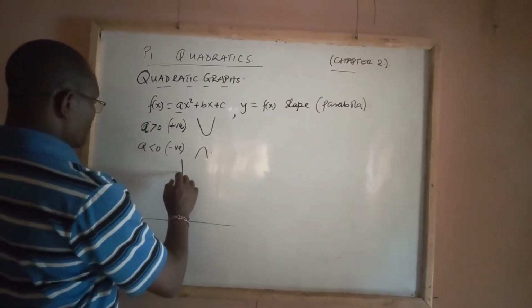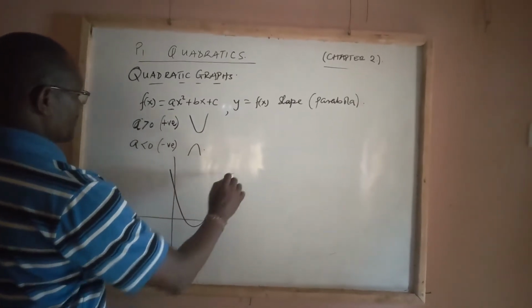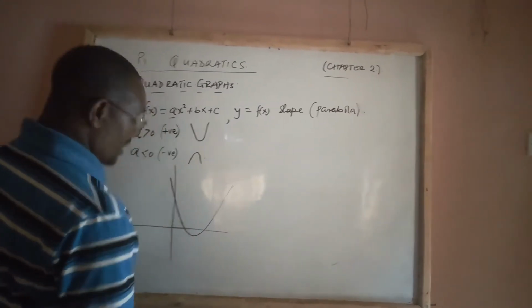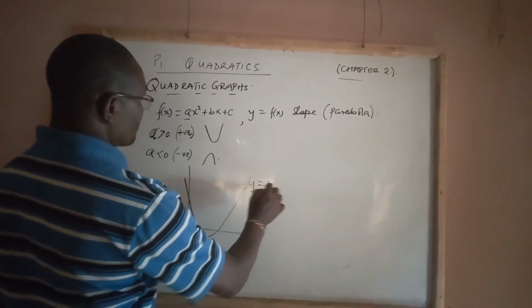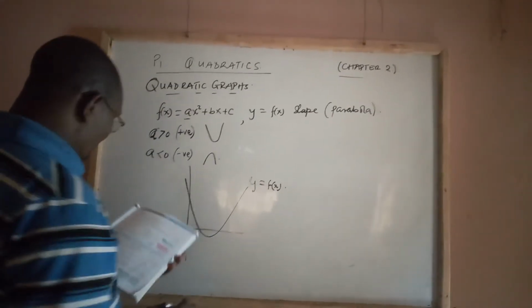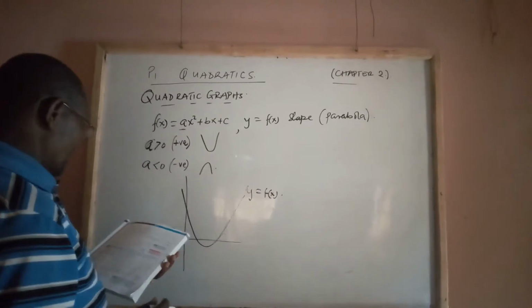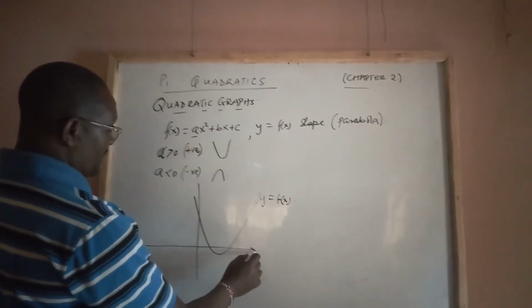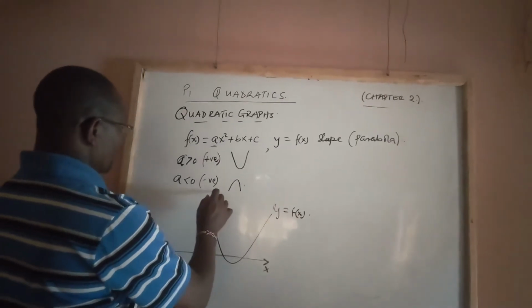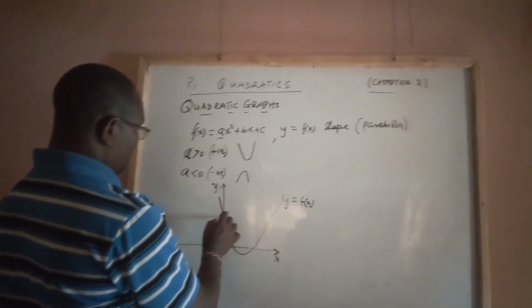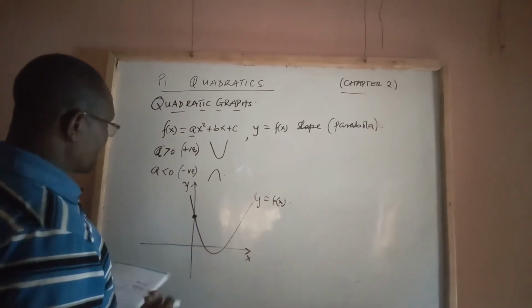Now, we would want to highlight a few features of a quadratic graph, whatever the shape. I just want to sketch here a very general parabola, and this one is y equals f(x). We are told that the graph crosses the y-axis when x is equal to 0. If this is the x-axis and this is the y-axis, when x equals 0, the graph crosses the y-axis.